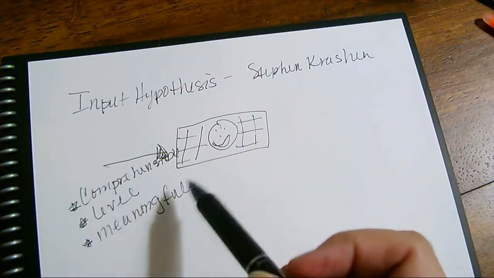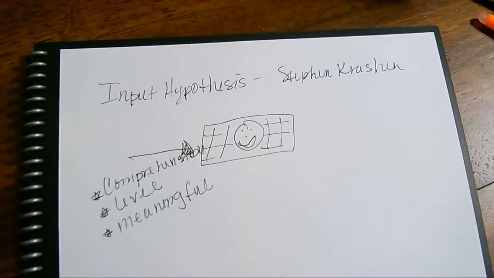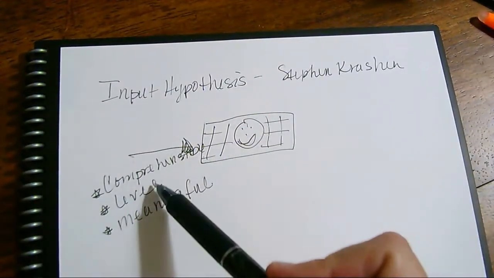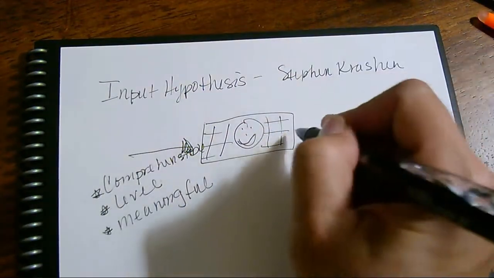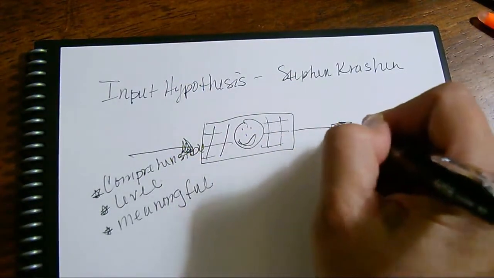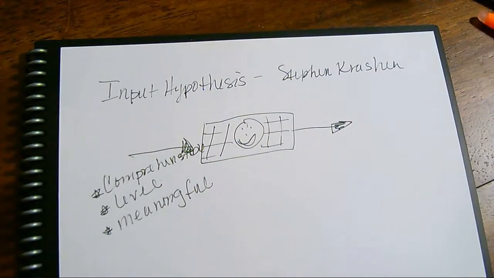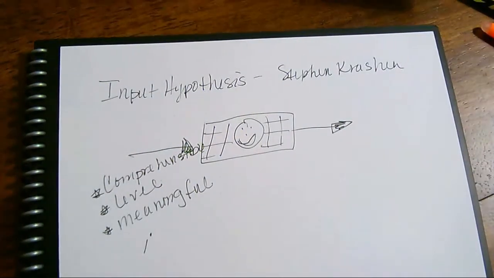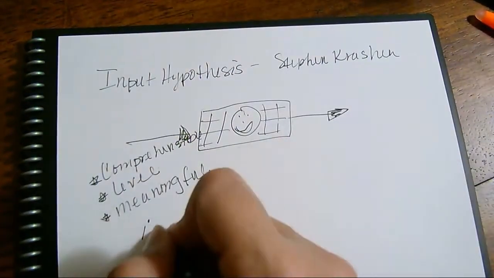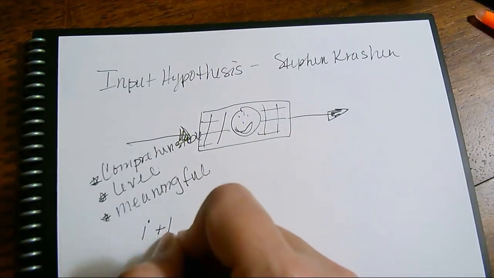So when we're teaching a student, if we are not hitting these components of comprehensible, on level, and meaningful, it is very difficult for them to show us what they know. So this input needs to be at their current level, which is I, and then we're going to add a level to it.